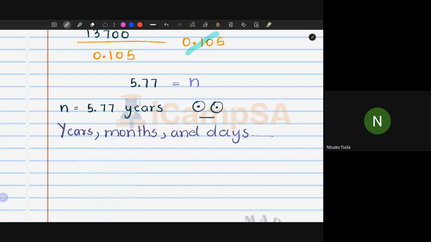But let me ask you guys an easy one. What is 5.5 years? If you are telling a 5-year-old, and they say, what is the 0.5 there? What are you going to say to them? Someone is saying it is 5 years and 5 months.